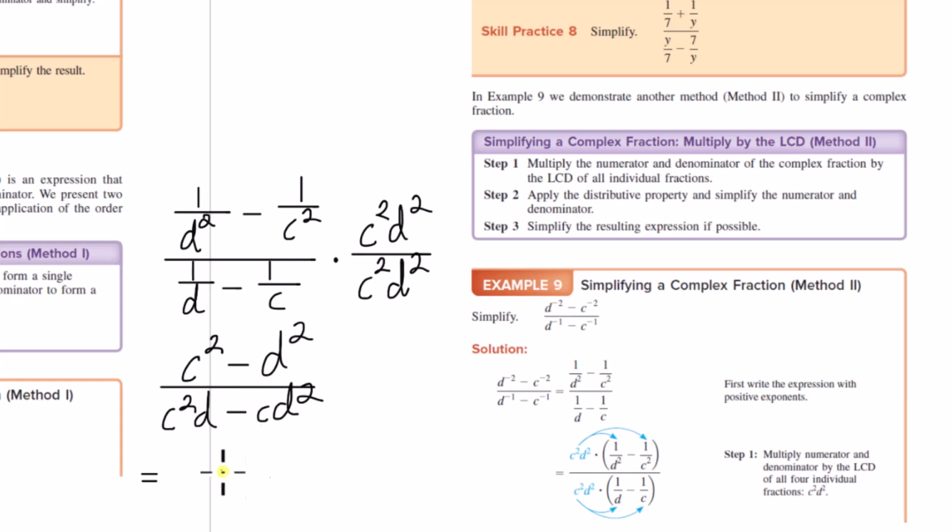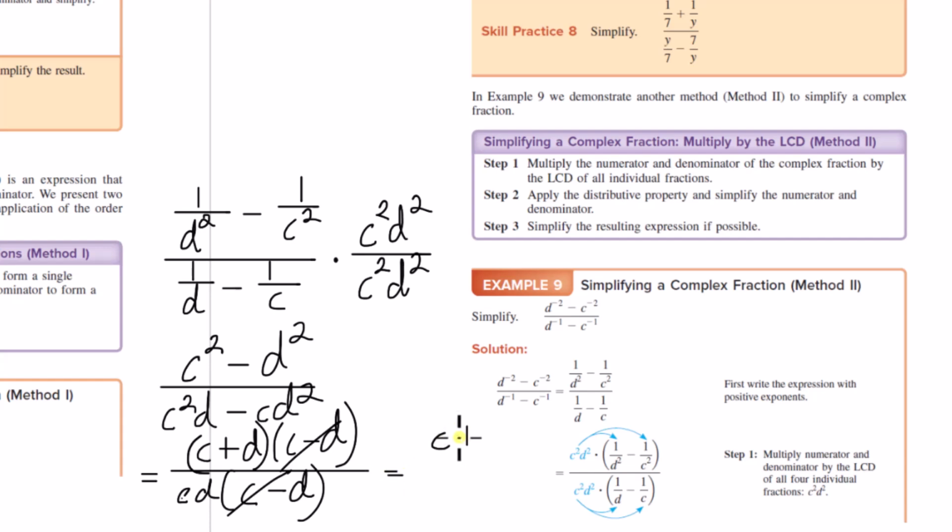So how do we simplify a rational expression? You just factor. This would be c plus d times c minus d, difference of squares. Here we can take out a c and a d, and we're left with c minus d.